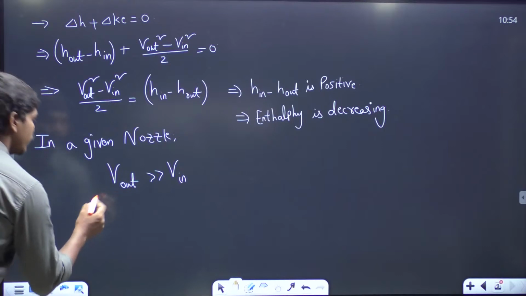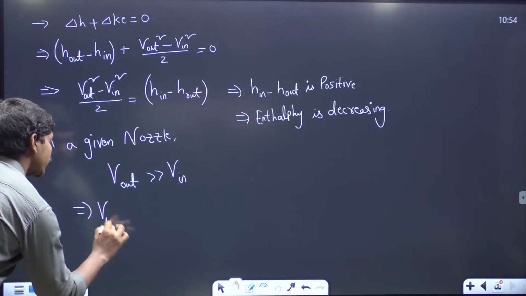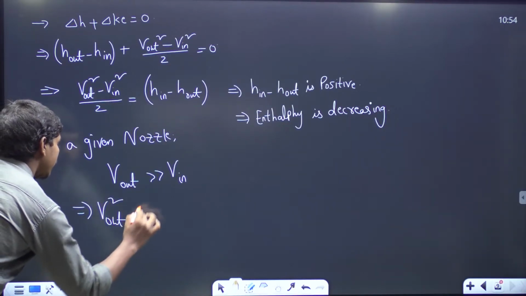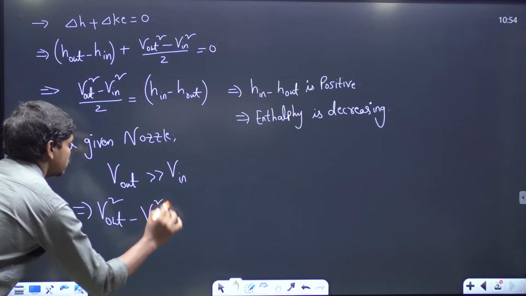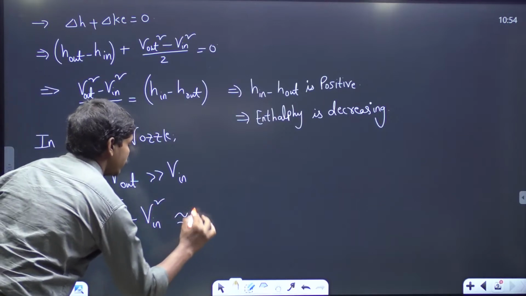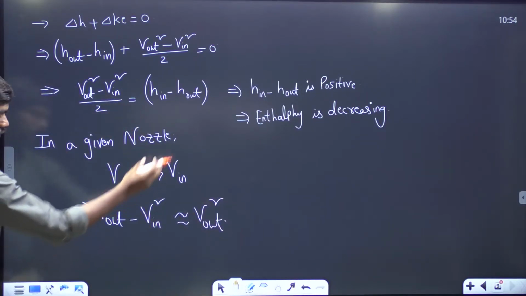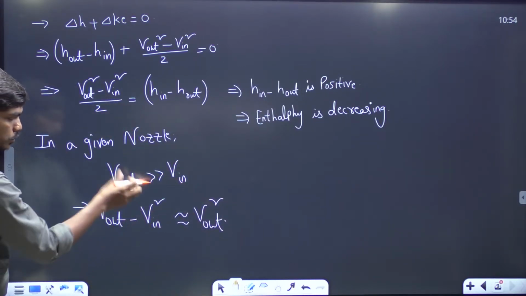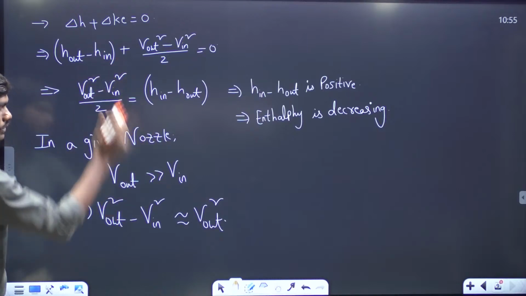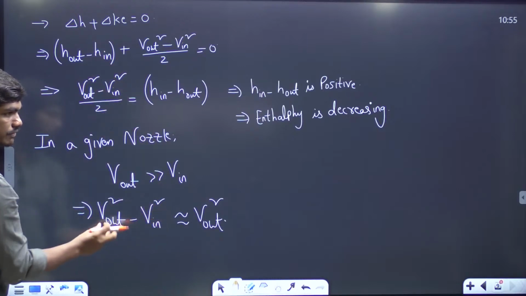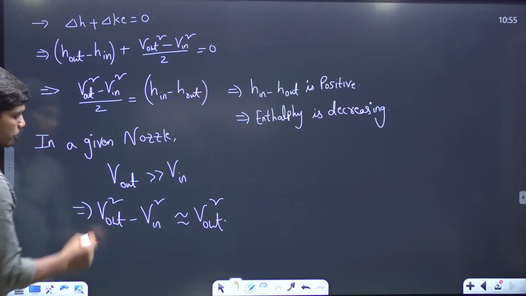So now if this is the case, V out square minus V in square is almost equal to V out square, because V out is very much greater than V in. If you do the squares, the value is even more huge, so subtracting V in square from V out square couldn't cause a big impact.